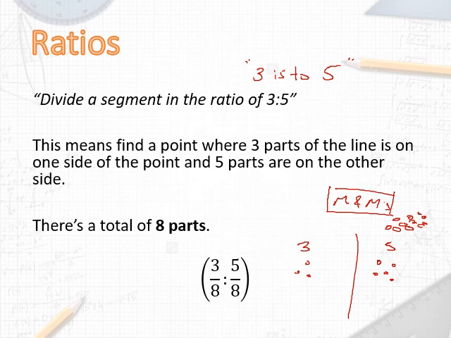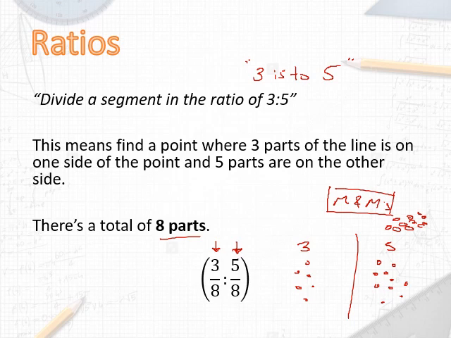And then you'd repeat the process. So another 3 for this person, another 5 for this person. So what you start realizing is that the bag is getting divided proportionally in a ratio of 3:5. In a fraction, that would mean there's 8 total parts. One person is getting 3/8 of the total, the other is getting 5/8 of the total.